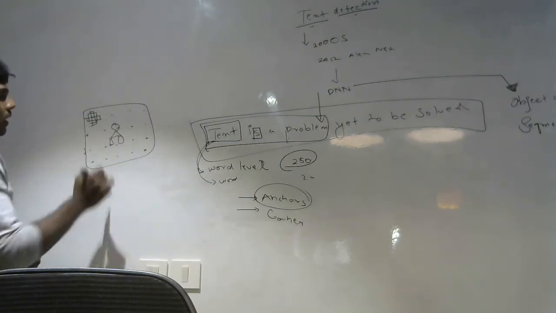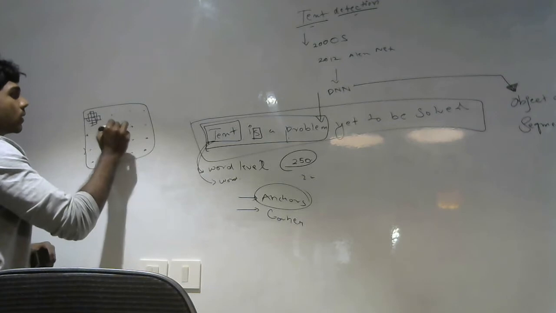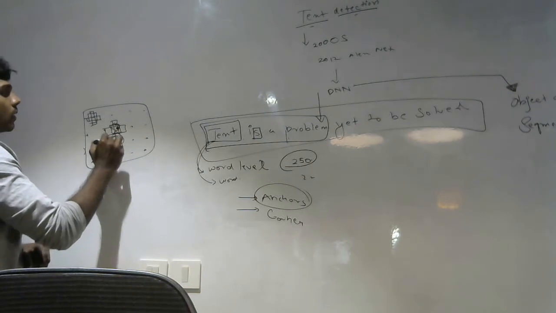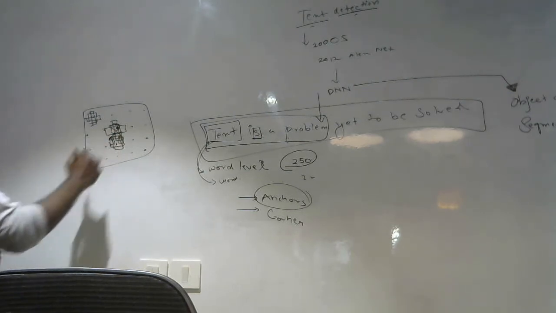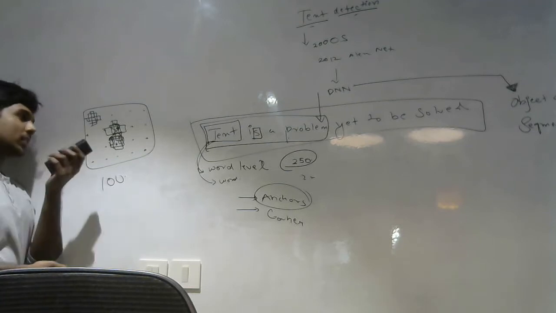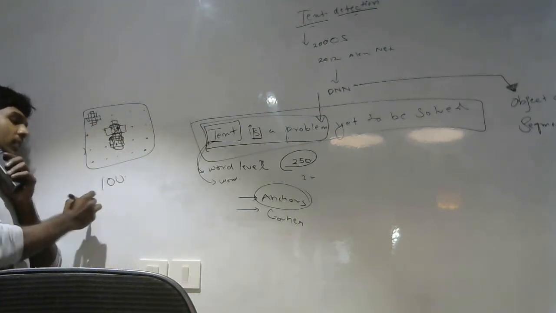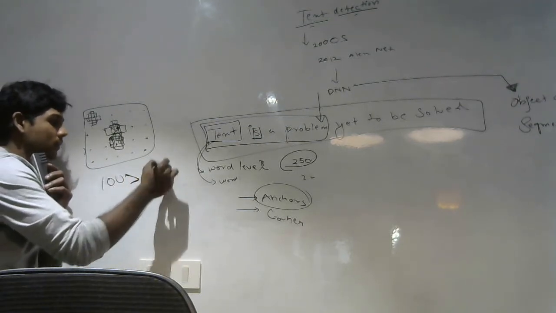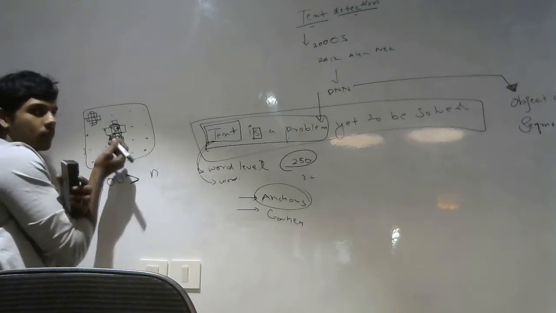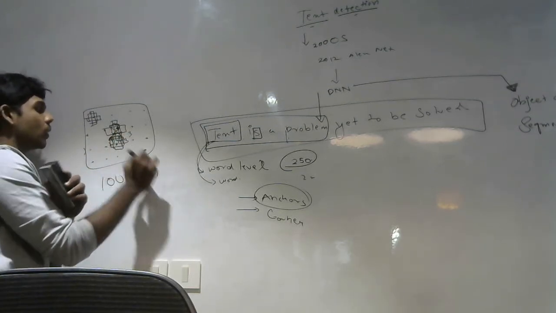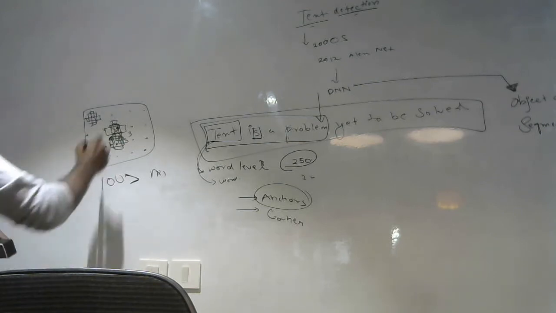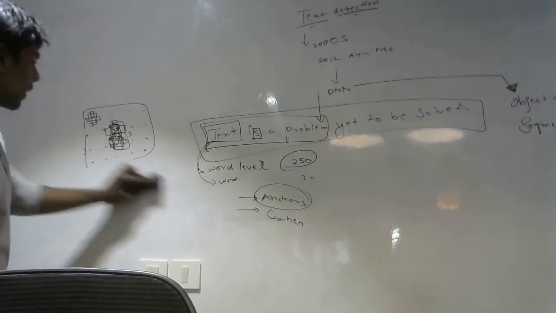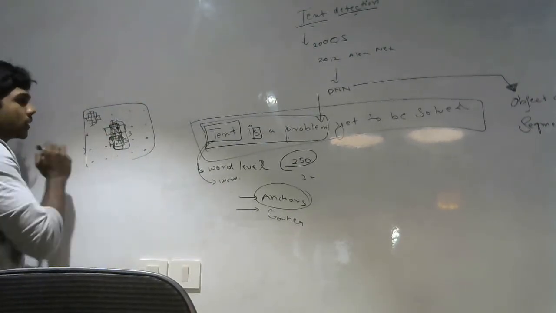If you want to detect this person, you have to ensure the IOU is high. What object detection does is scan these anchors and get the maximum IOU of all the n anchors. If the IOU is great, you take that anchor as the bounding box. That is anchors.